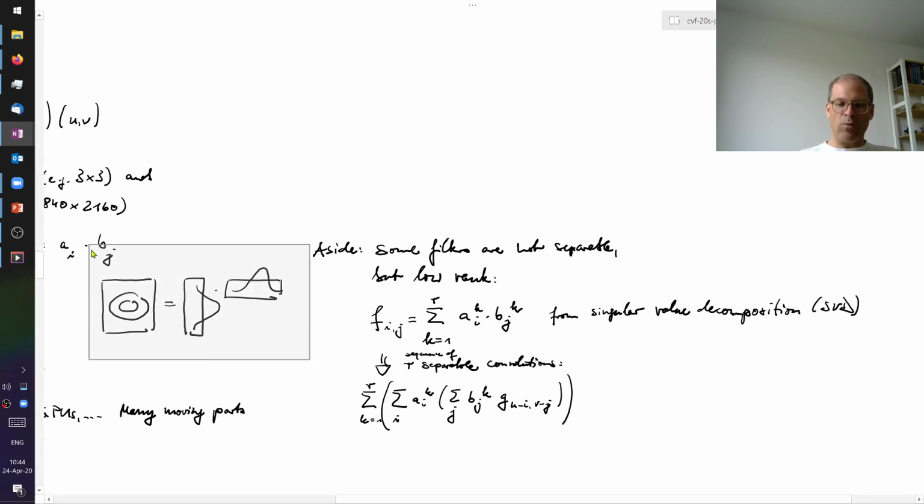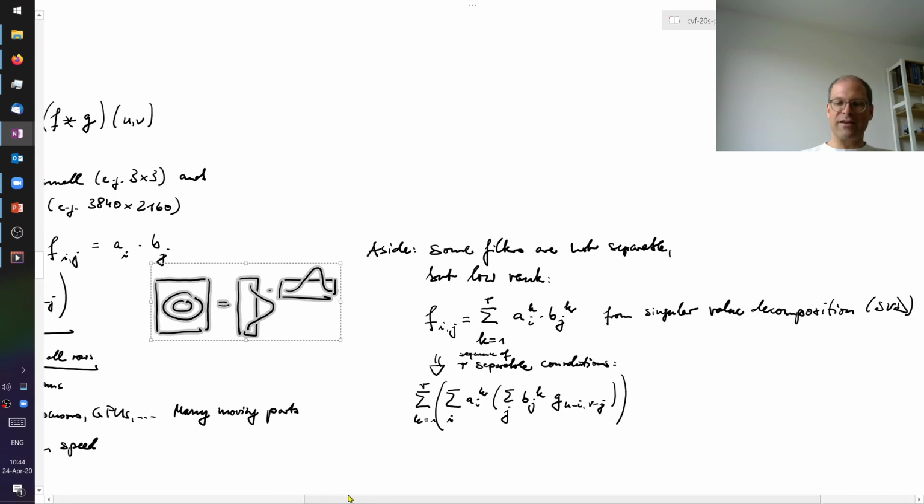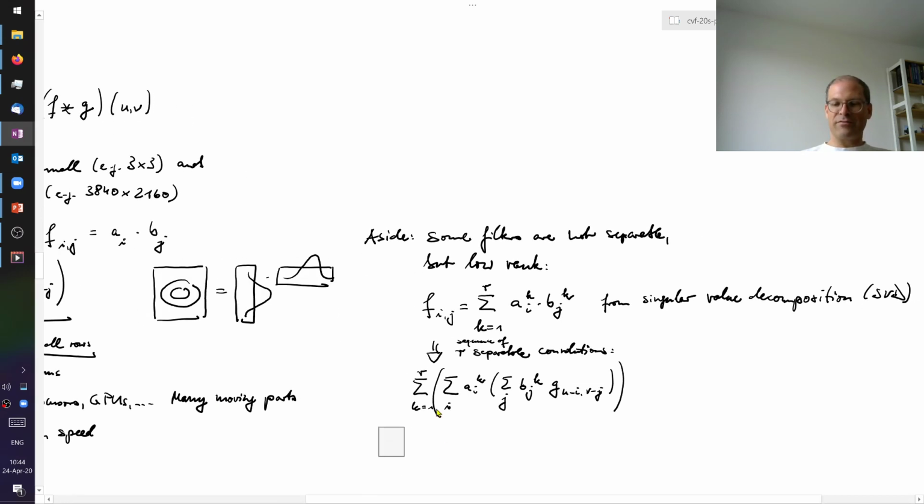So here this was rank 1, but often rank 1 is not enough, but I also don't need full rank, but maybe I get away with the first 5 components or so. And then this can make for huge savings, because in that case, for example, I may need to do 5 convolutions with row and column filters, which may still be much, much cheaper than doing the full 2D convolution with a very large filter, for example.